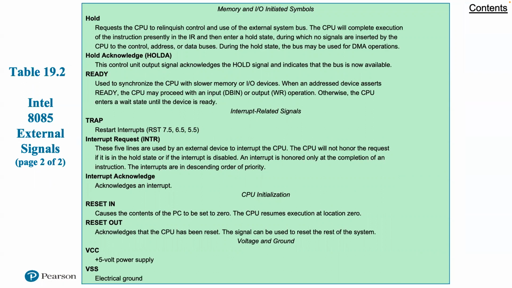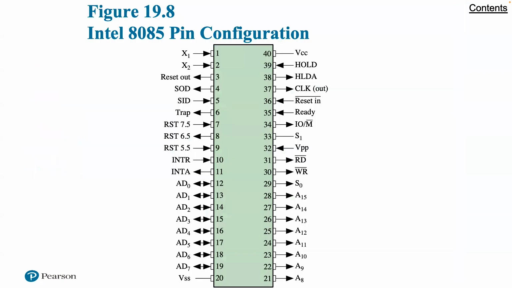Here is the second part, and these are just more different types of external signals. And then finally, we have the pin configuration for the 8085. These signals are the interfaces between the 8085 processor and the rest of the system. So this is where those things that we just talked about would show up for the pinout for this chip.